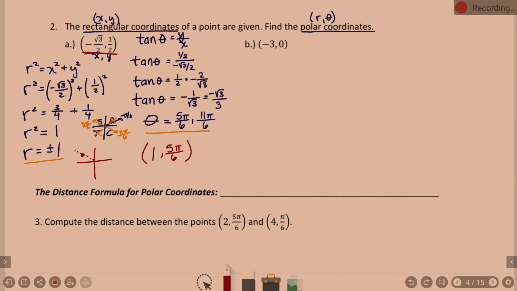How would 11 pi over 6 make this happen? Because negative 1, so you're going the opposite way, so it ended up in quadrant 2 also. 11 pi over 6 is this angle down here in quadrant 4, but a negative 1 would shoot you backwards through it. So you're going to put negative 1 and 11 pi over 6 together.